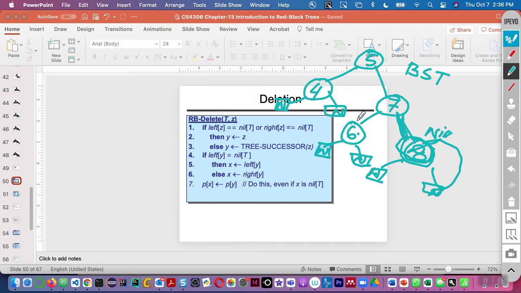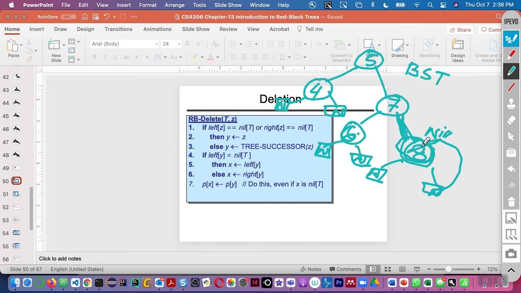In order to delete, we need to do a search operation first, starting from root 5. If we want to delete 8, we check whether 8 is greater or less than 5. 8 is greater than 5, so we go to the right side, which is 7. Still 8 is greater than 7, so we go to the right side. Then we will get this node.